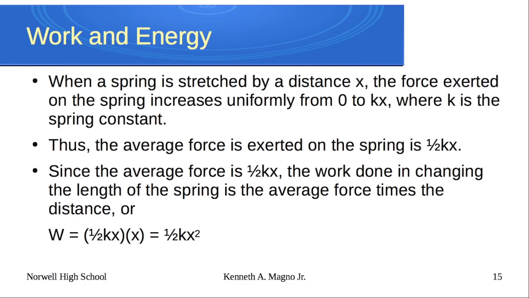Now we've defined work as, again, force times distance. So an average force of 1/2 kx for a distance of x would become 1/2 kxx, or 1/2 kx squared. So now, since we normally assume that the initial position is 0, so initially there was no energy there, we can think that basically PE spring is just 1/2 kx squared.